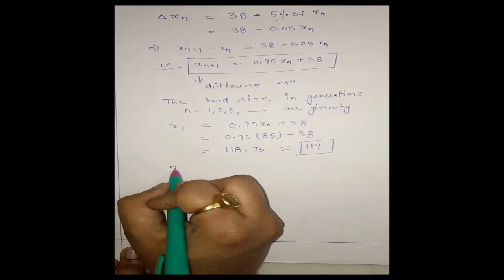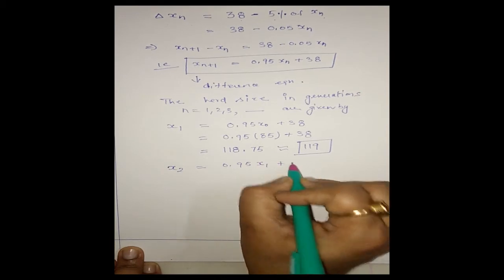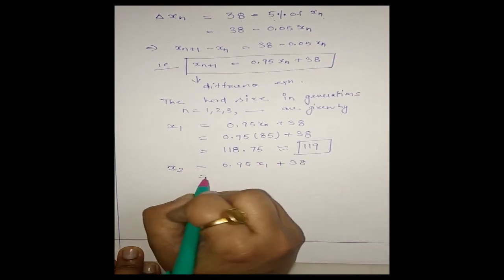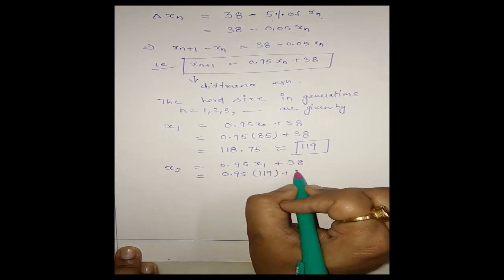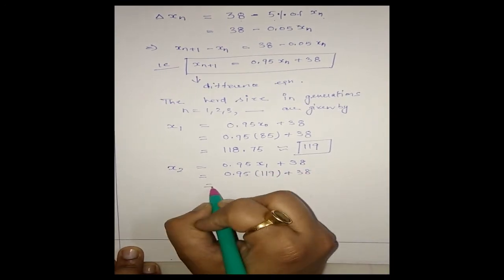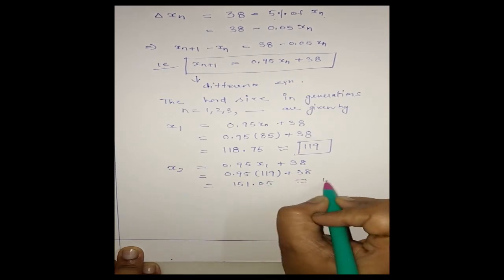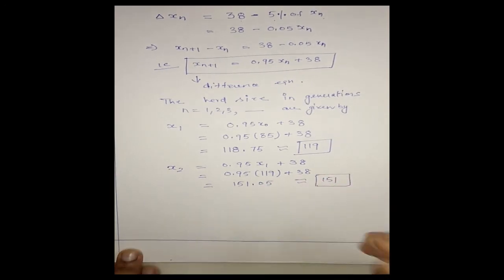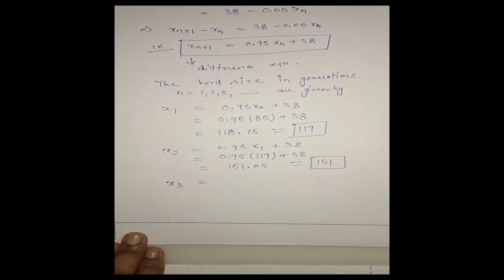Okay, then x2 will be 0.95 into 119 plus 38, which on solving will give 151. We want x3, herd size in third generation.